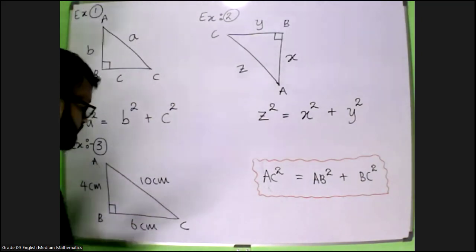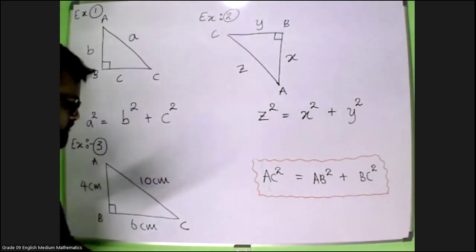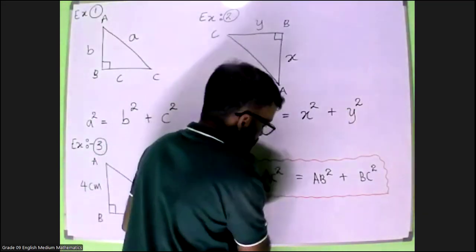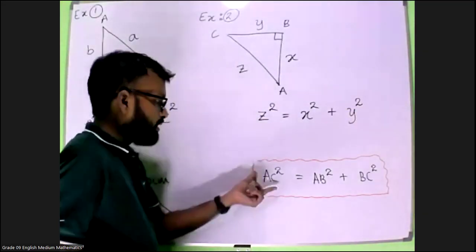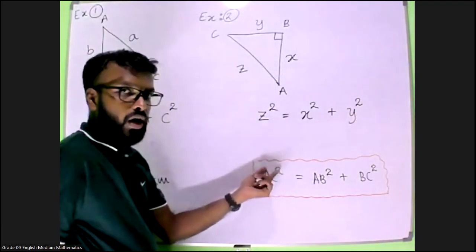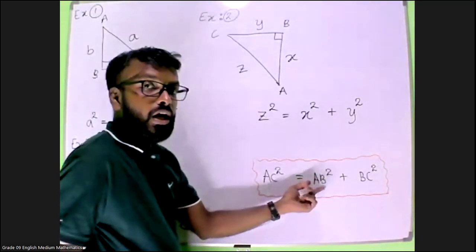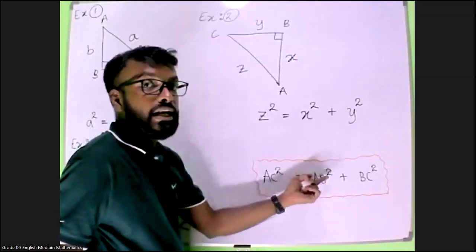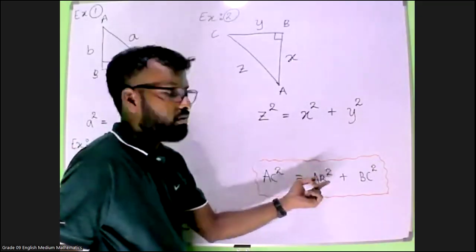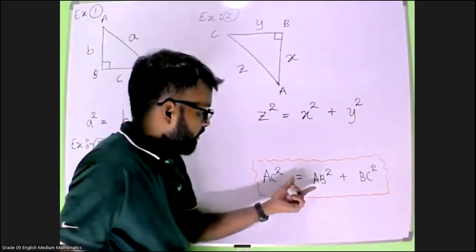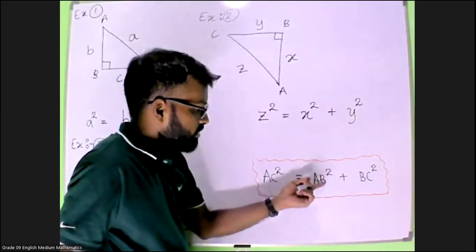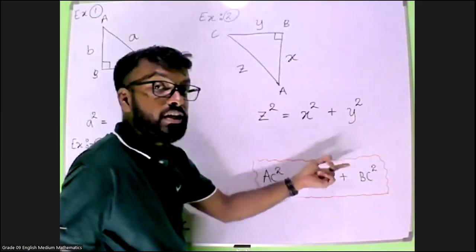Now look at the board. Try to remember this: the hypotenuse square equals the summation of the squares of the lengths of the other two sides.